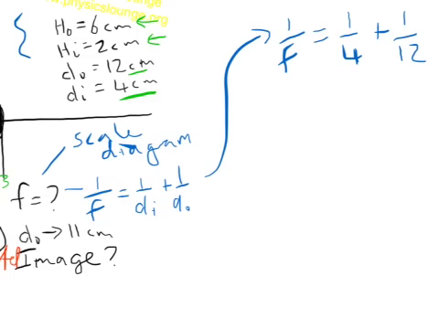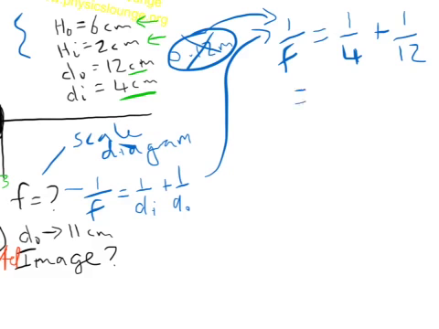Often you might be given dO as 0.12 meters, and you shouldn't put that into these. You shouldn't put it in meters, because with fractions you can't deal with decimals properly, especially if one of them will be a decimal fraction and one of them won't be. Then you're going to have all sorts of problems, trust me. So we're sticking with the centimeter units. It means our focal length will be in centimeters as well.